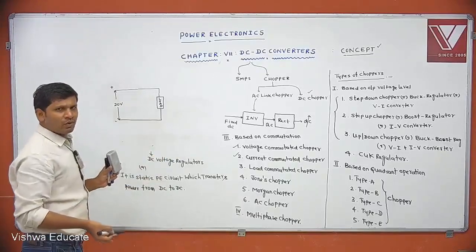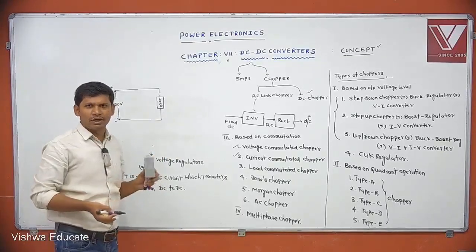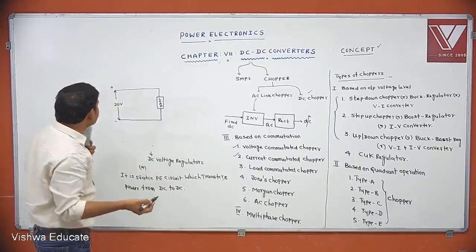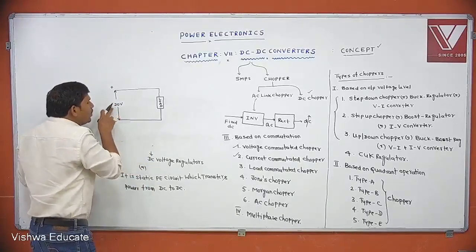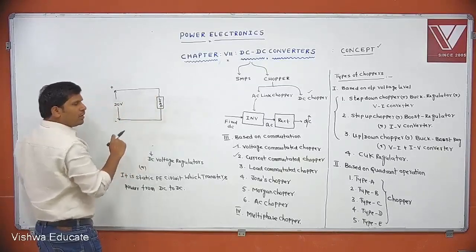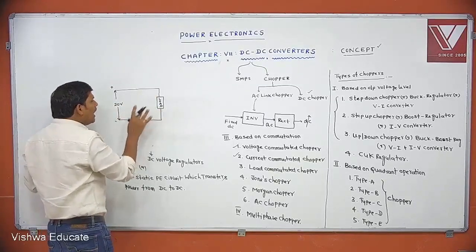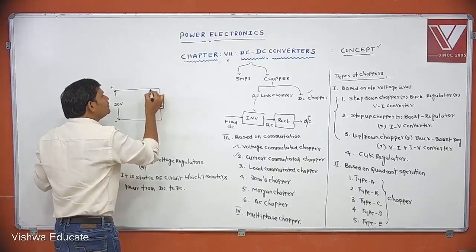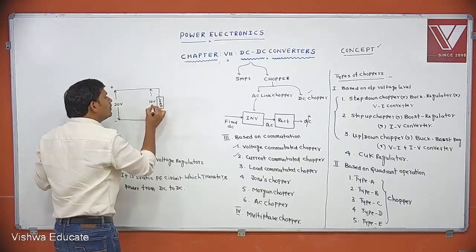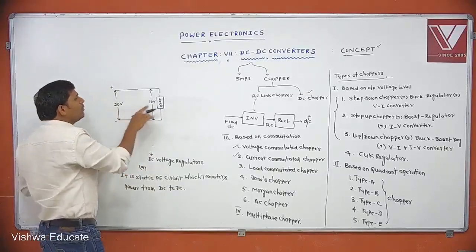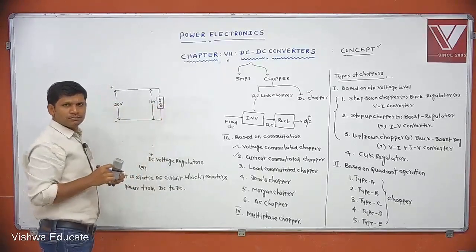We have so many applications, no doubt at all, but by using this circuit I am explaining the simple basic need. Input is fixed DC of 20 volts, connected to some load. But for this load, I don't want 20 volts, I want to apply only 10 volts.